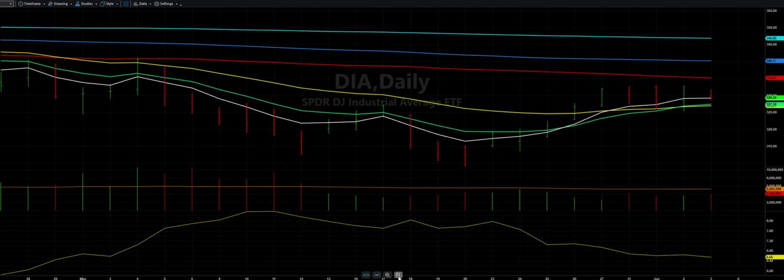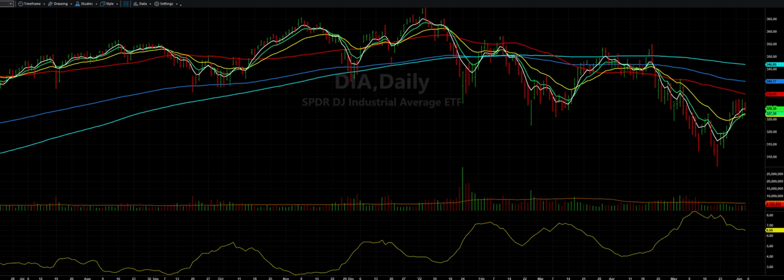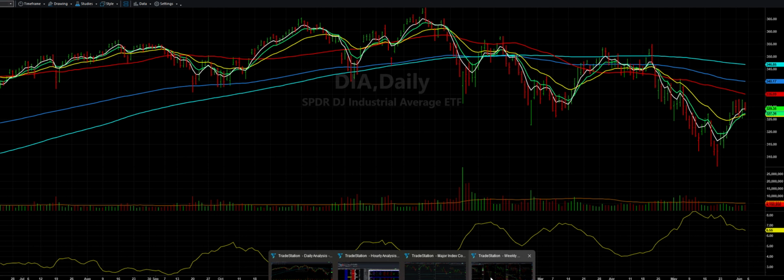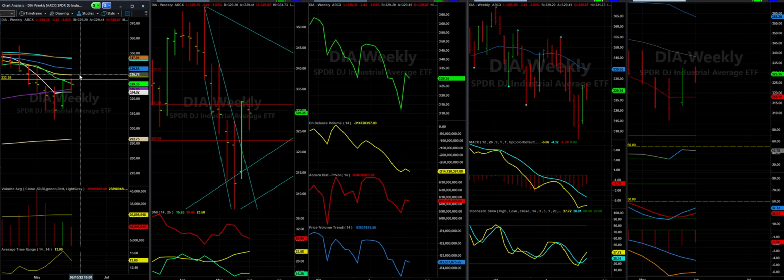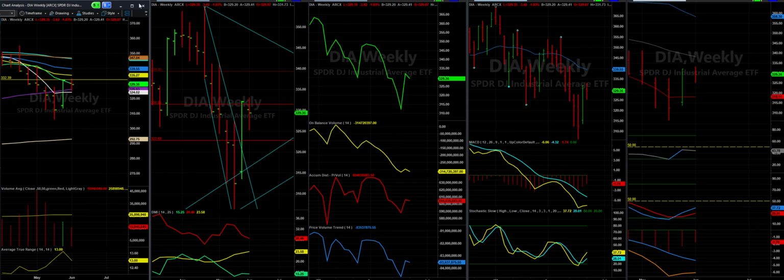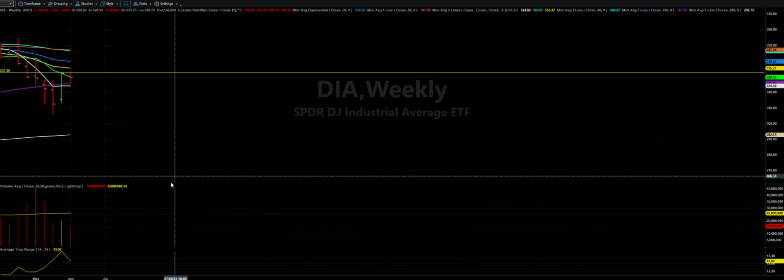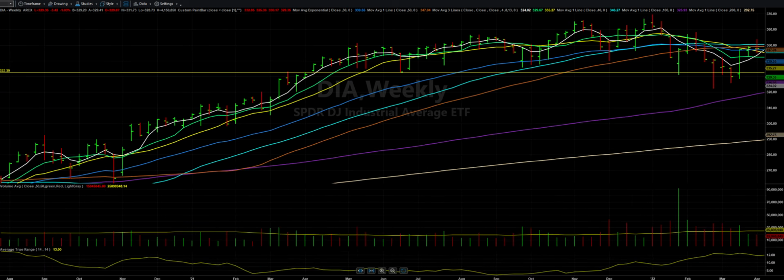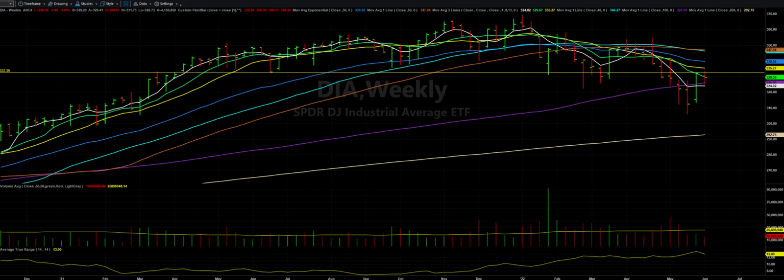So 335.09. If we go back to the weekly chart and look at the 13-week moving average, it's at 335.27. So you see that the 13-week moving average, which is the yellow moving average on the weekly chart, right? The 13-week moving average right here is at 335.27.